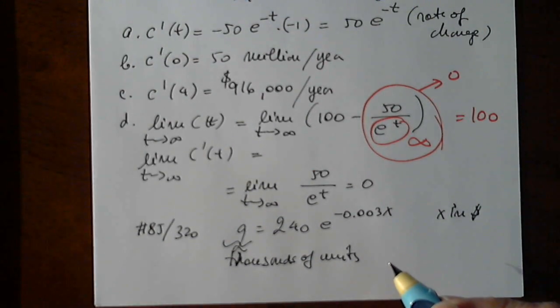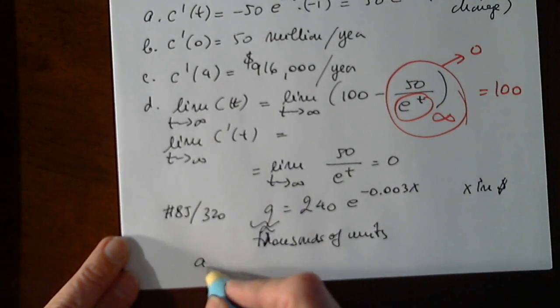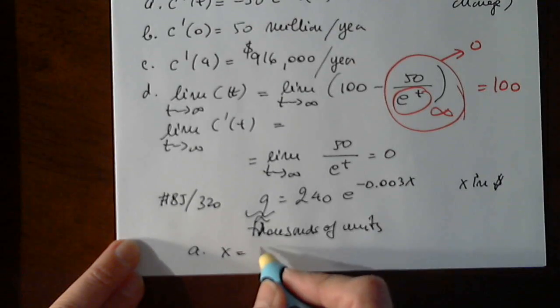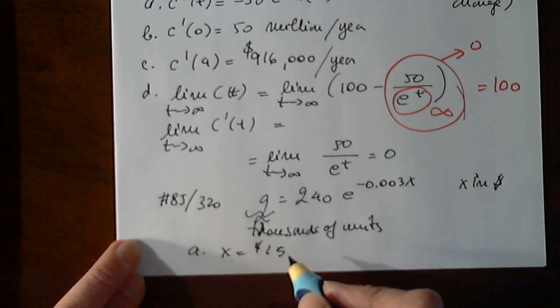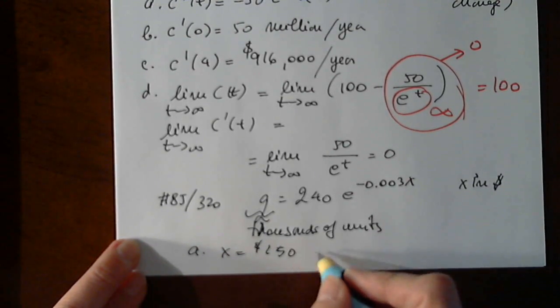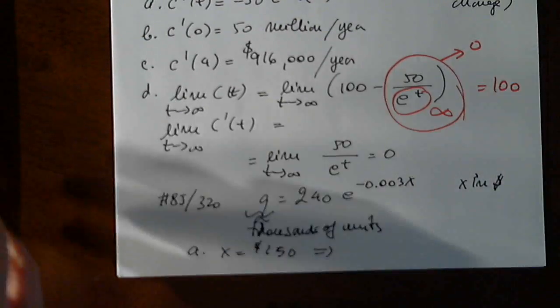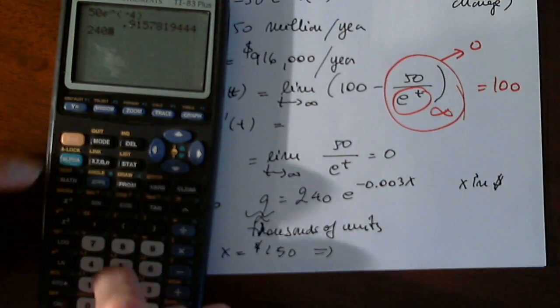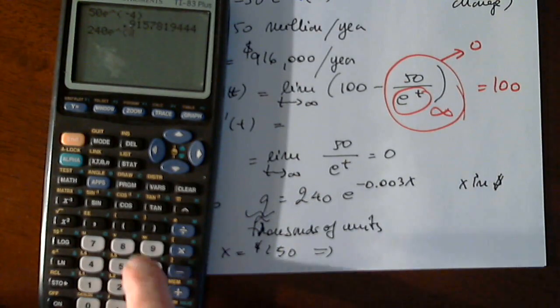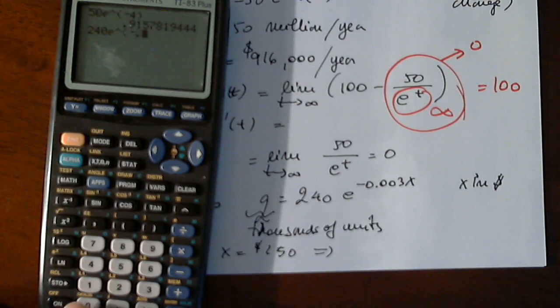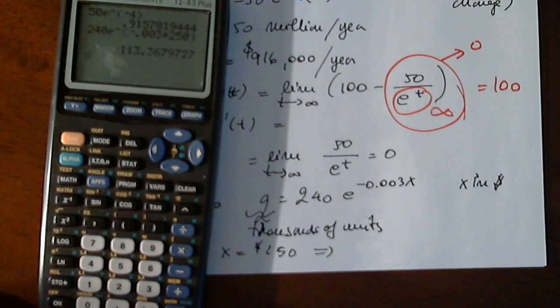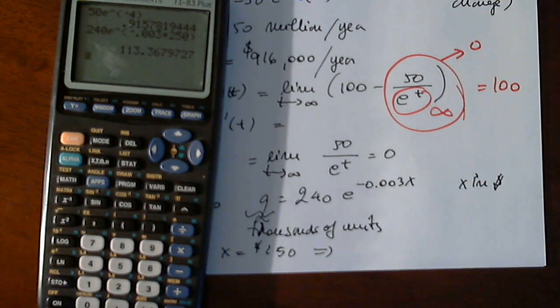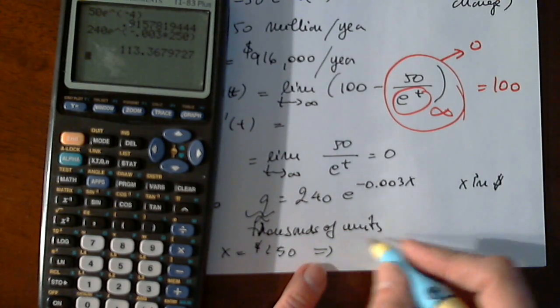How many music players will be bought at a price of 250? So part A, as X is 250, we'll plug it in my calculator. I have 240 multiplied by e raised to negative 0.003 multiplied by 250. And I get that the price is in thousands.